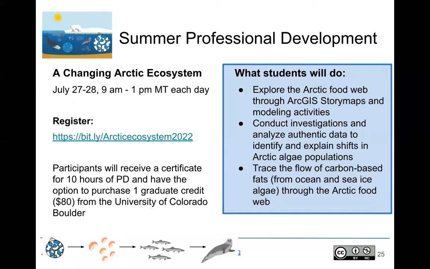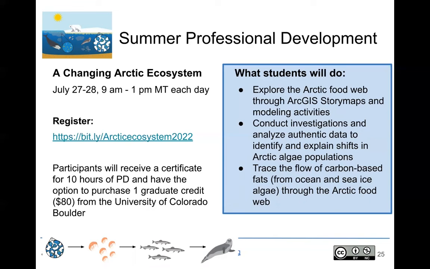It has the exact same instructional framework, this model-based inquiry storylining approach. This is how I like to teach, so these are the types of units I like to make. Students trace carbon through the Arctic food web to predict how the decline in sea ice is going to impact Arctic organisms, large and small.